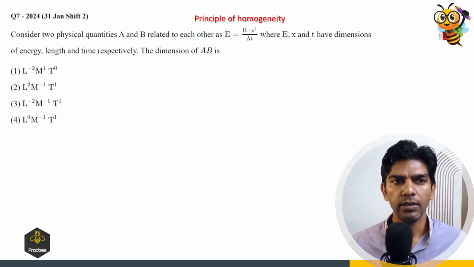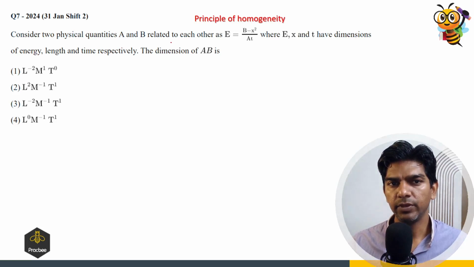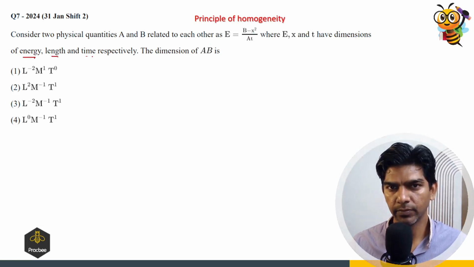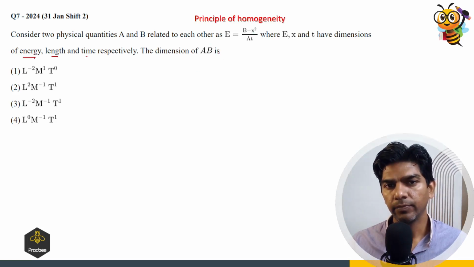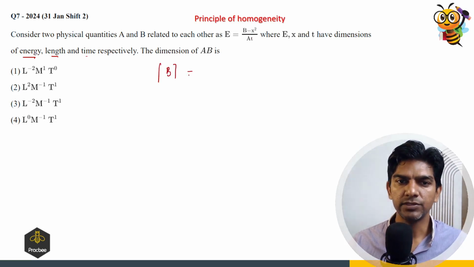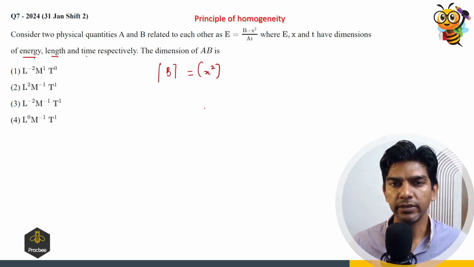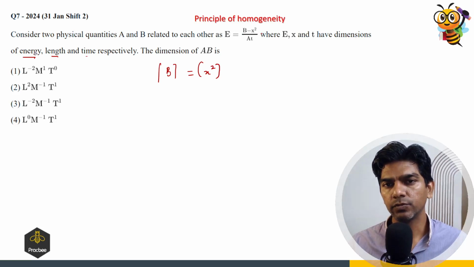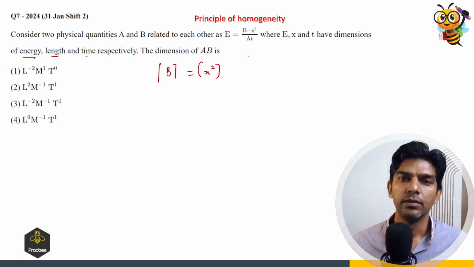Let us see this question. Consider two physical quantities a and b related to each other as E equals to b minus x square by at, where E, x and t have dimensions of energy, length and time. The dimension of a, b. So here the dimension of b should be same as the dimension of x square, because we are subtracting them, and the dimension of b minus x square upon at should be same as the dimension of E, right?